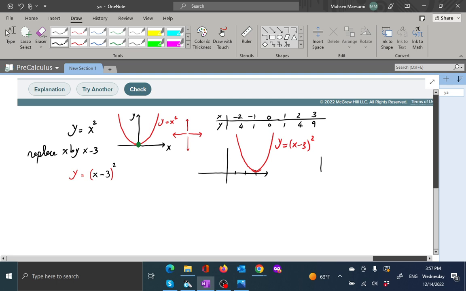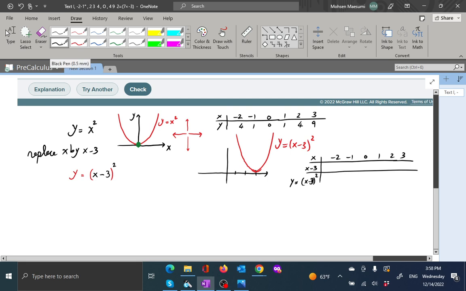Now, if I have x, but what I do to it first is to subtract 3 from it and then square it. So if I have the same 0, 1, 2, 3, say minus 1, minus 2, and so on, let's add some other numbers, say 4.